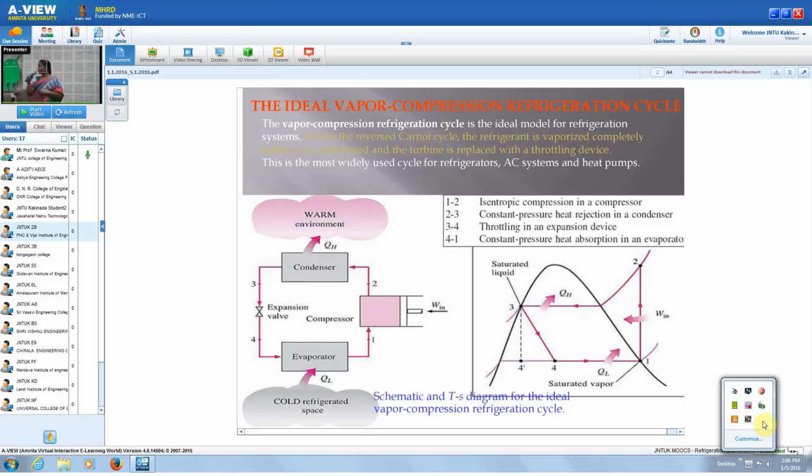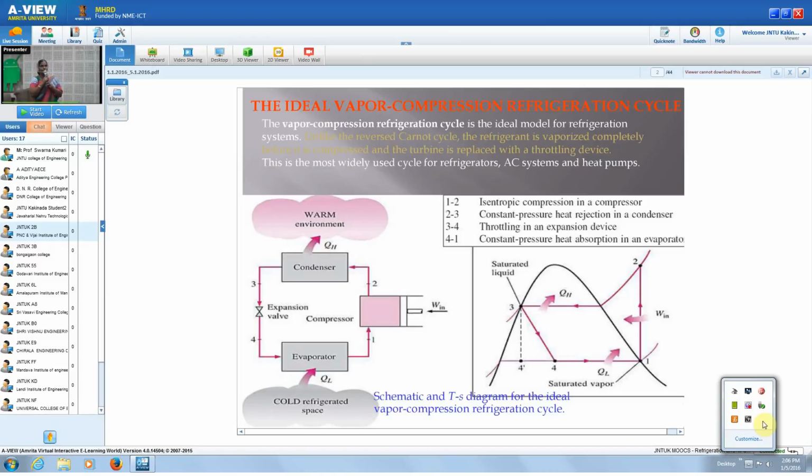evaporator. So why it is called a saturated cycle: at the suction of the compressor, the refrigerant is dry and saturated vapor, and similarly at the end of the condensation, the refrigerant is in the saturated liquid state. So that's why it is called the saturated or simple saturation cycle.